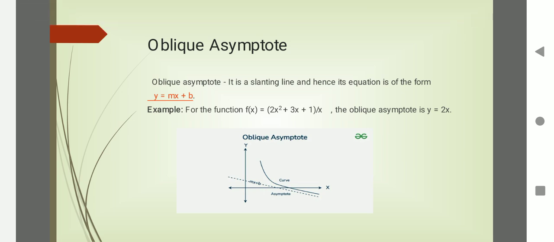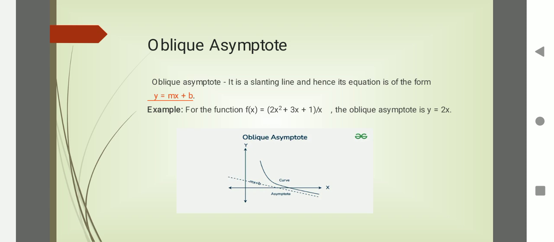Next we have the third type of asymptote, that is the oblique asymptote. An oblique asymptote is neither parallel to the x-axis nor parallel to the y-axis. It is a straight line which runs alongside the curve. Because the asymptote is a straight line, its equation is y is equal to mx plus b, where m is the slope and b is some constant.